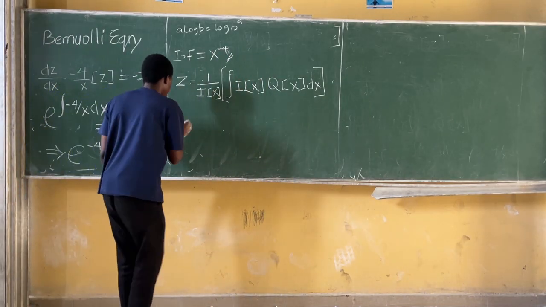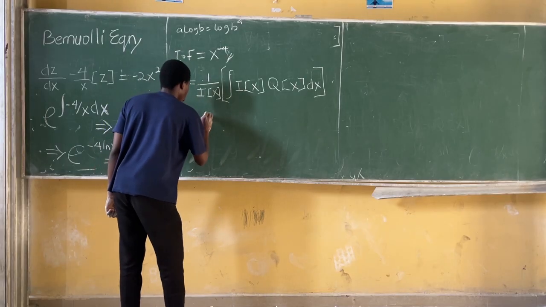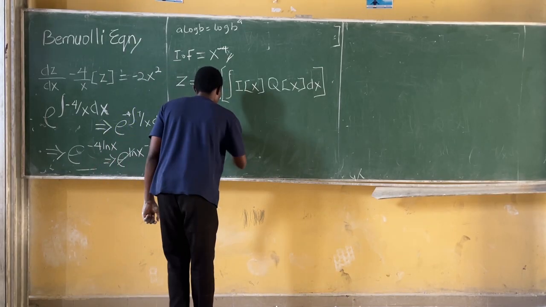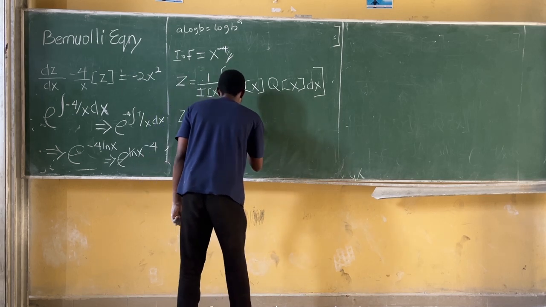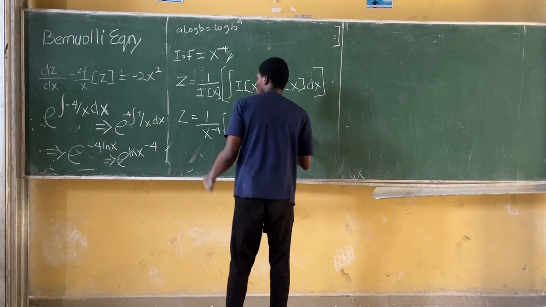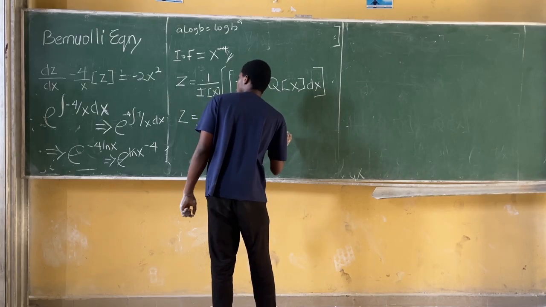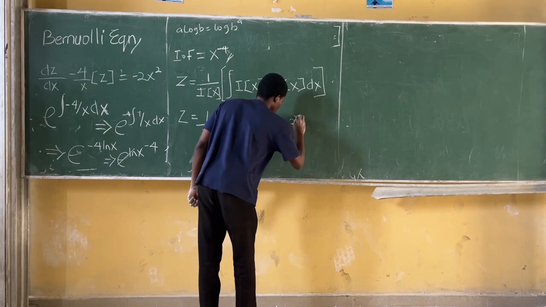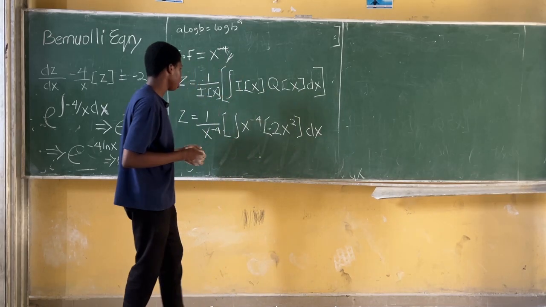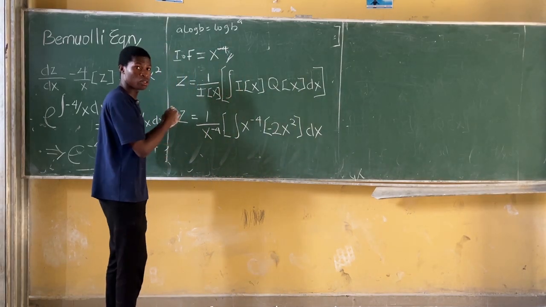So let's substitute. z is equal to 1 over x raised to the power minus 4 times the integral of x raised to the power minus 4 times minus 2x squared dx. So now we are going to be breaking this down and finding the integral.